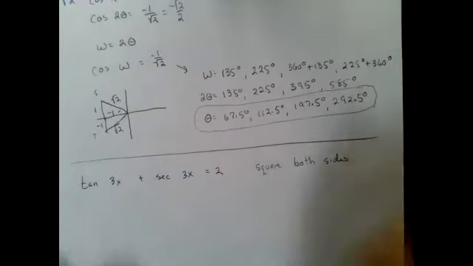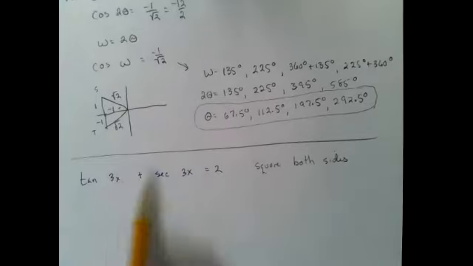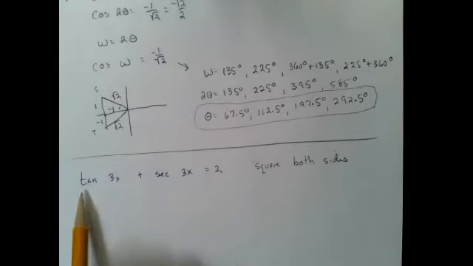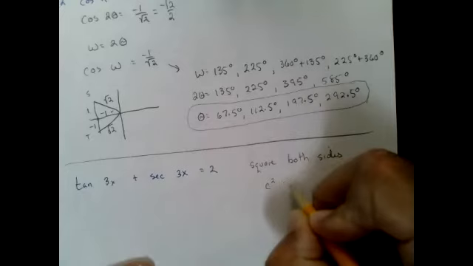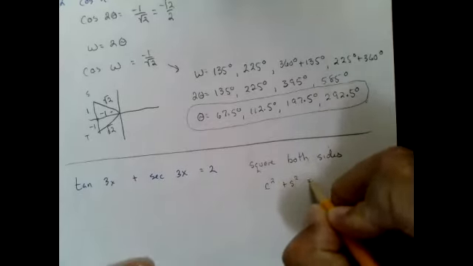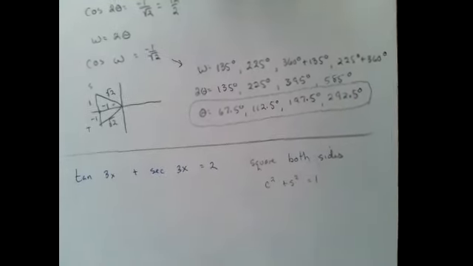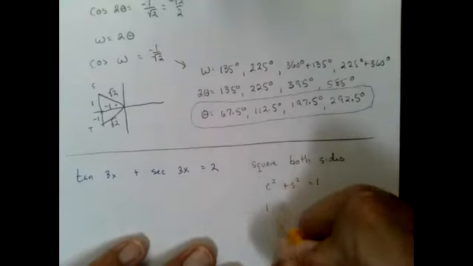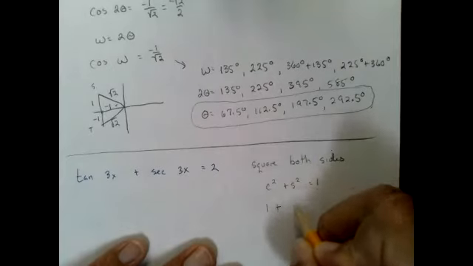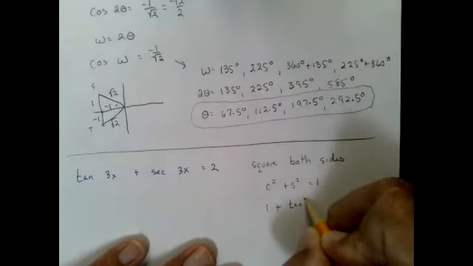Well, the reason I'm doing that is I'm looking at this. I know the tangent and the secant are related. How are they related? Because somewhere I have cosine squared plus sine squared equals 1. I have that written down. And I know if I divide all of these by cosine squared, that's 1. This divided by cosine squared is tangent squared.